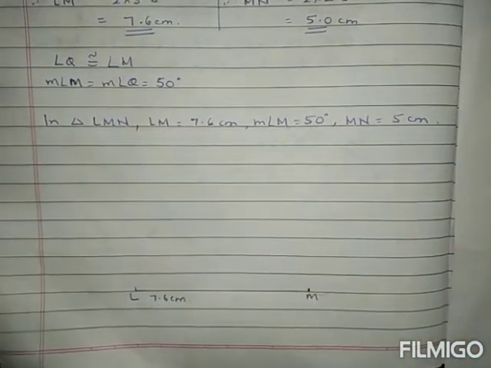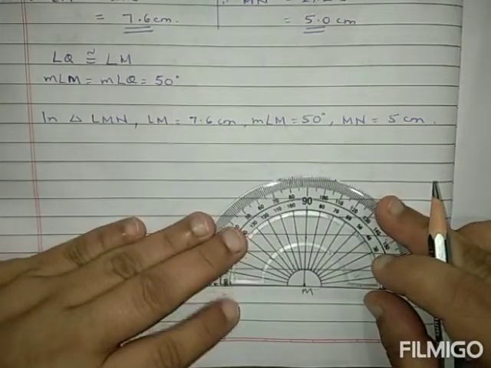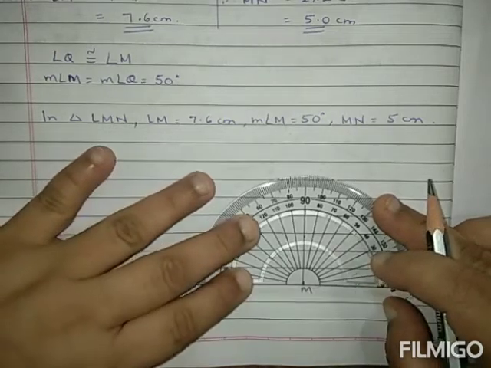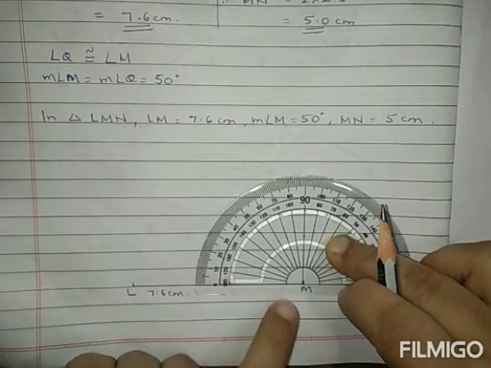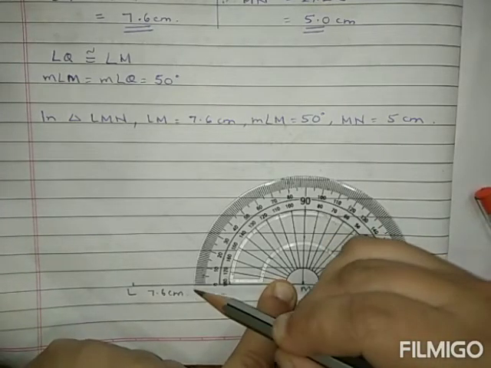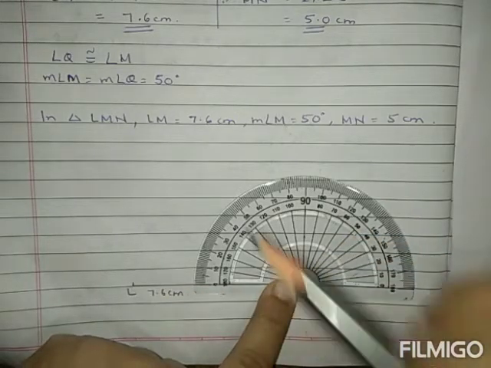So let us take the help of the protractor. Please do not call this a D. It may look like a D, but it's got a proper name. Do not give nicknames, isn't it? Now pay attention. We are at point M here. The ray is on the left hand side. Pay attention to what I am saying.